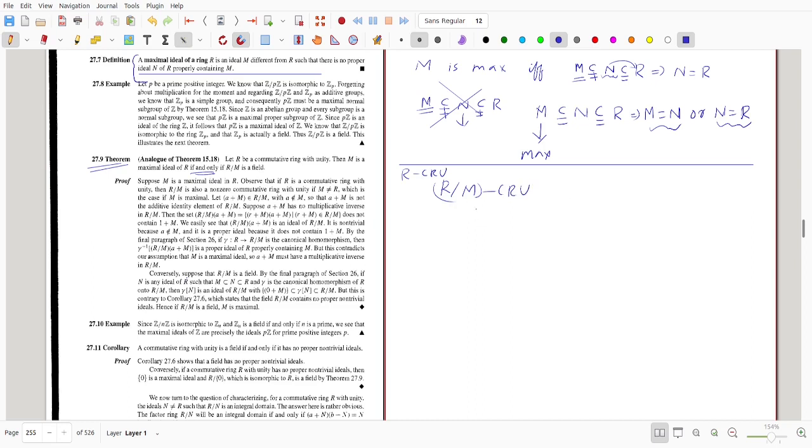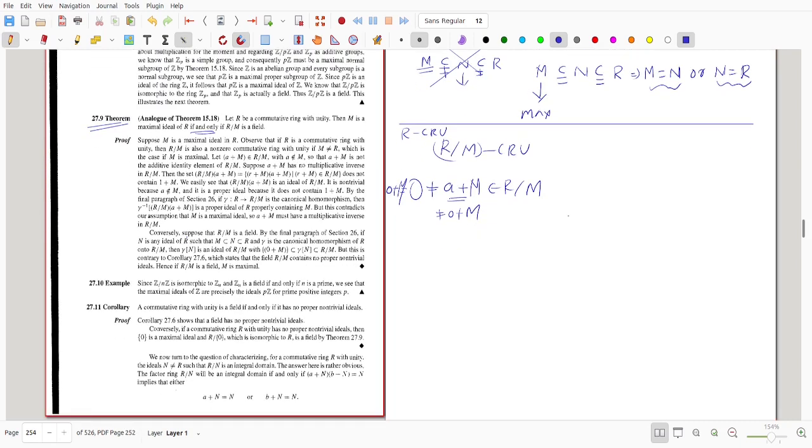Then in order to prove r by m is a field, we will prove that every non-zero element, suppose a plus m is a non-zero element of r by m, has a multiplicative inverse. Obviously, zero in r by m is nothing but 0 plus m. If a plus m is not equal to 0 plus m, that is the meaning of non-zero.